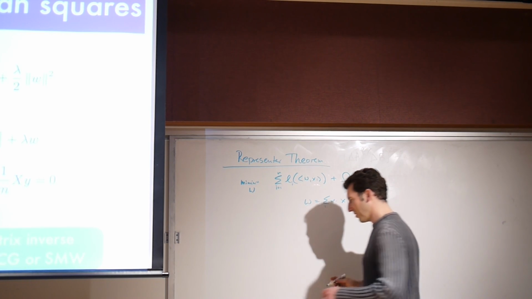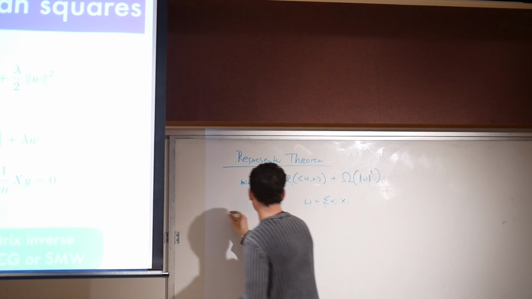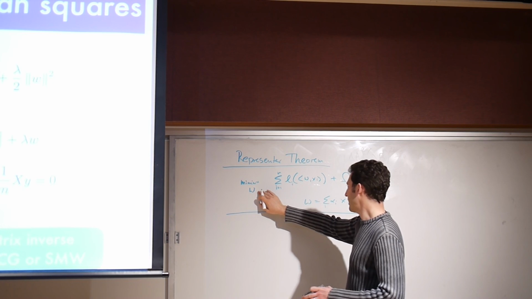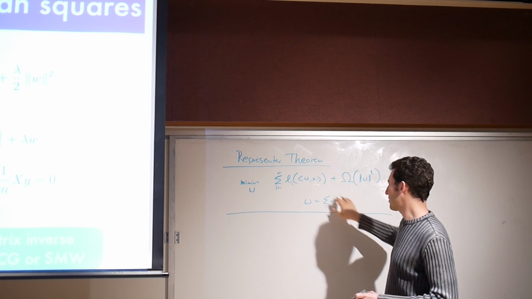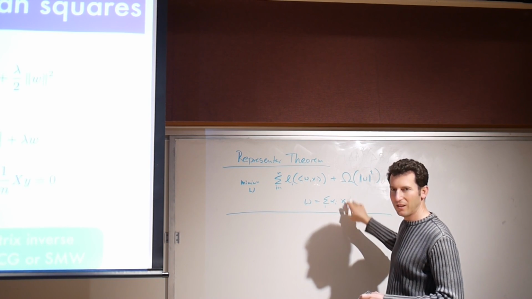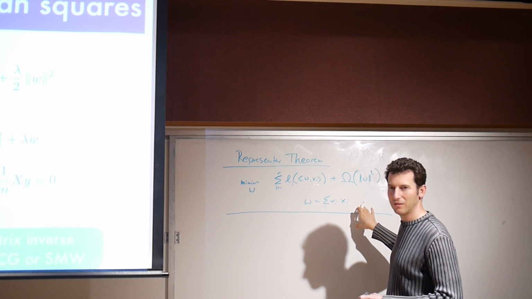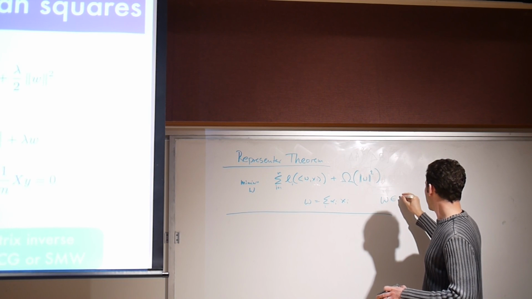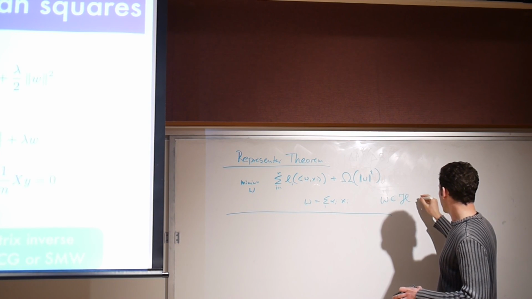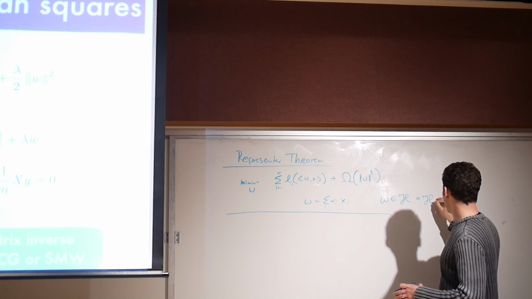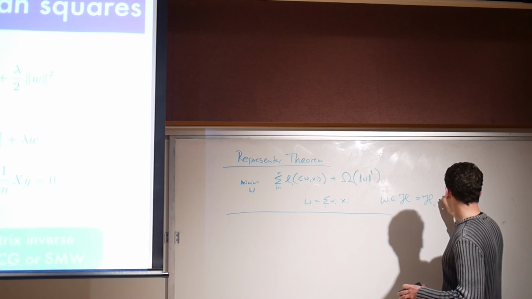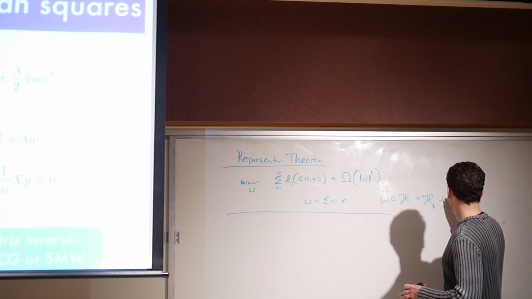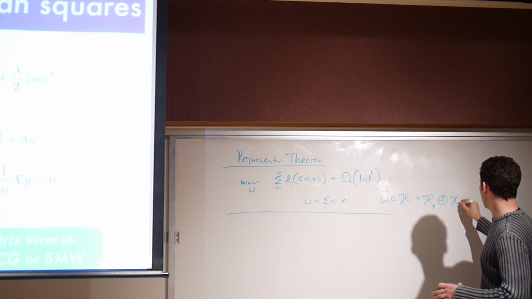What I'm going to do is decompose the space in which the W's live into a space that's given by the span of those xi's and an orthogonal component to that. So if W is in some Hilbert space H, I'm going to write this as H parallel direct sum H orthogonal.